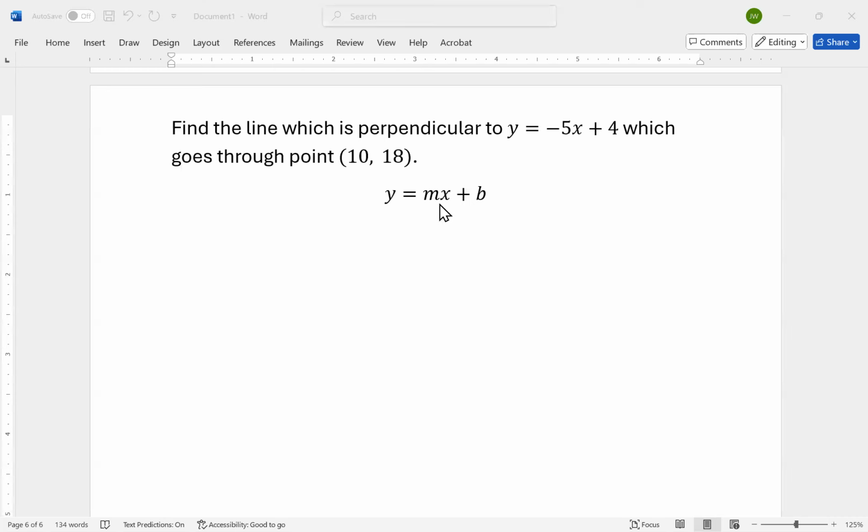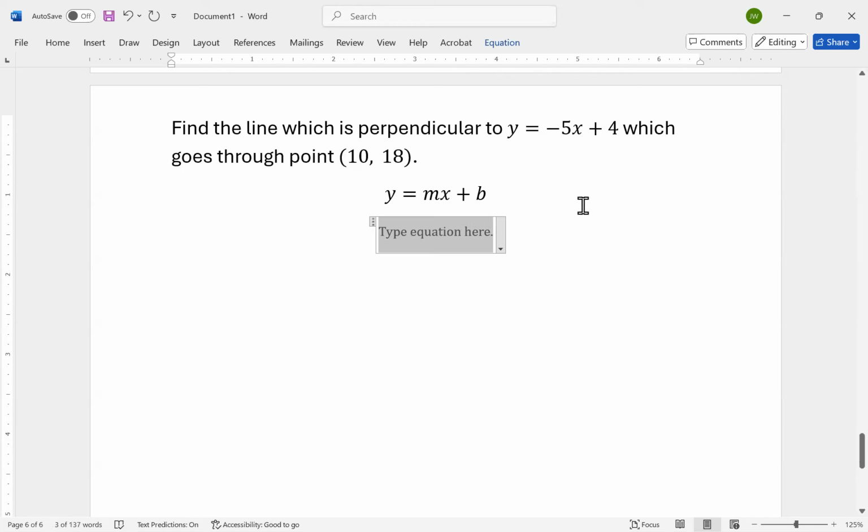All right, so in this case, my line is already in slope-intercept form. The given line is in slope-intercept form once again. The slope of this given line is negative 5. And so my slope needs to be the negative reciprocal of that, since my line needs to be perpendicular.